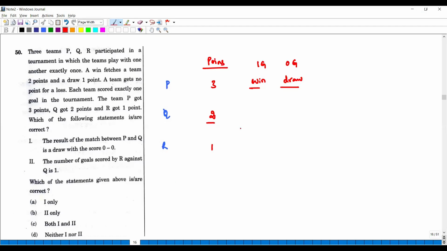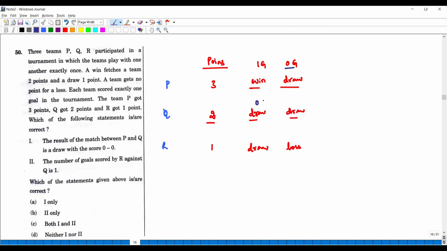Q must be 1 loss or 1 draw. If I take it like this, draw and draw, you'll be getting 2 points. And there is 1 draw, there is 1 loss. So you're doing 1 goal, 0 goals.